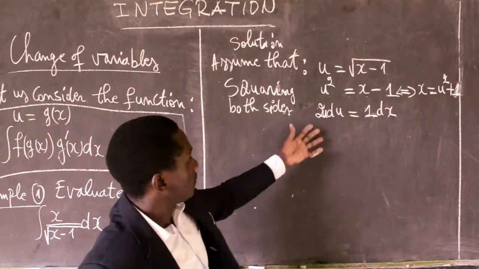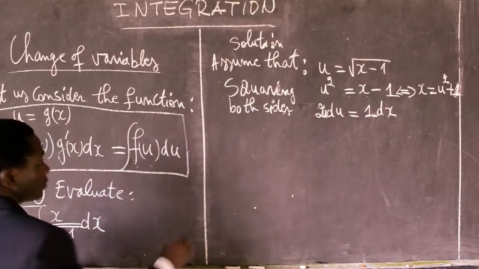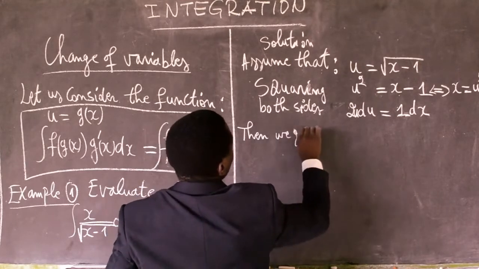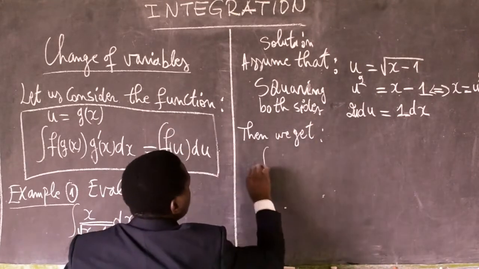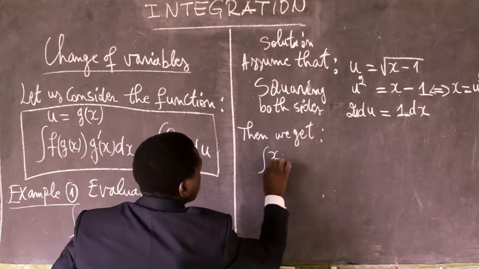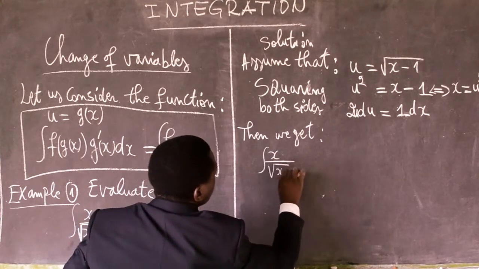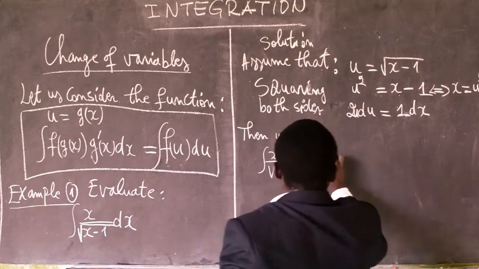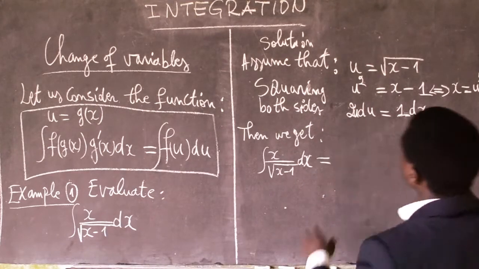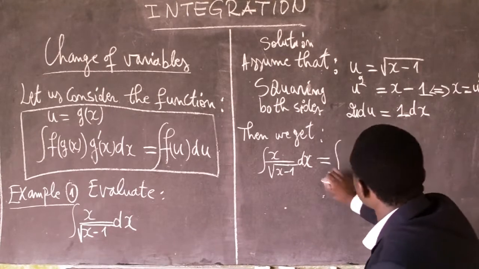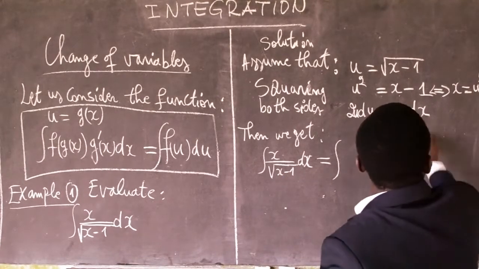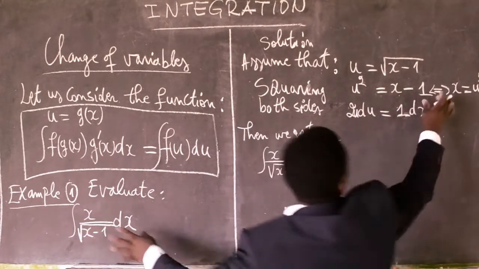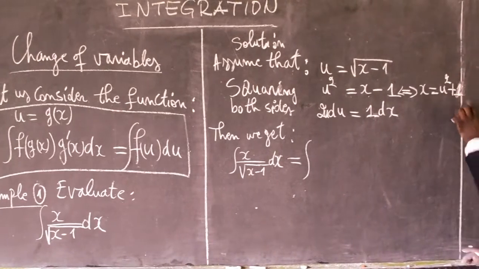Okay? So we can replace in the integral. Then we get integration of x over square root of x minus 1 dx. This is equal to integration of, here we have x, we need to replace x by u squared plus 1.